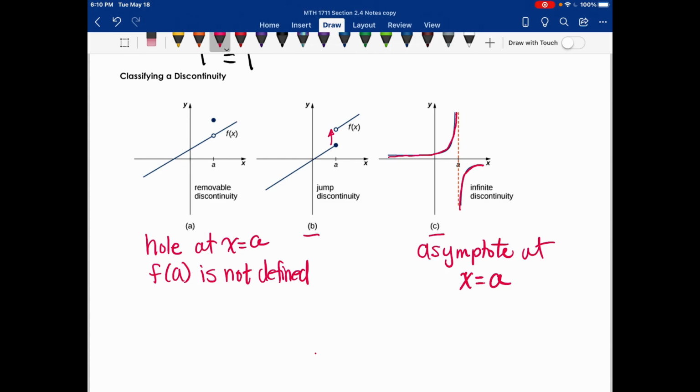It's not an infinite distance between them. So that's called a jump discontinuity when there's a finite distance between the pieces of the graph.